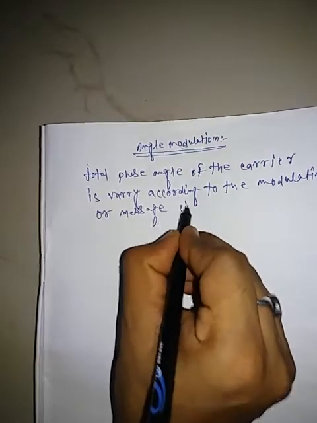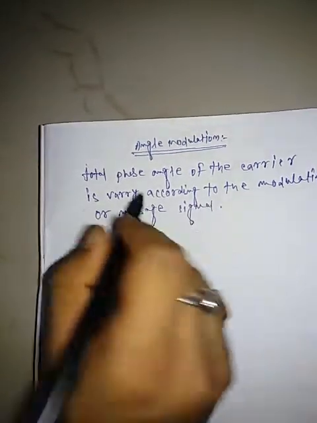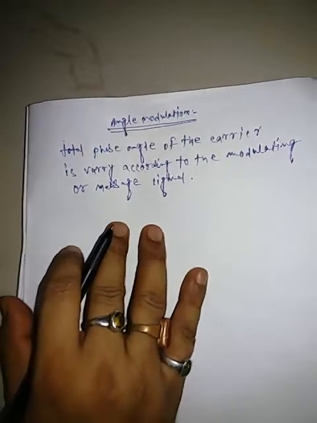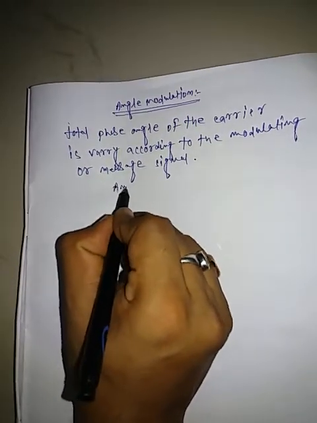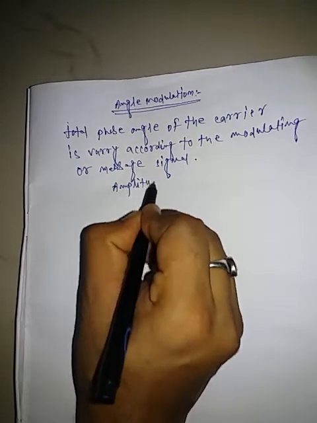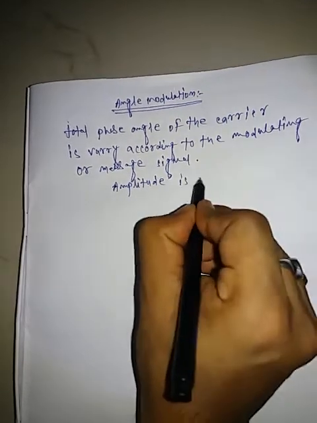This is called angle modulation, where amplitude is constant.